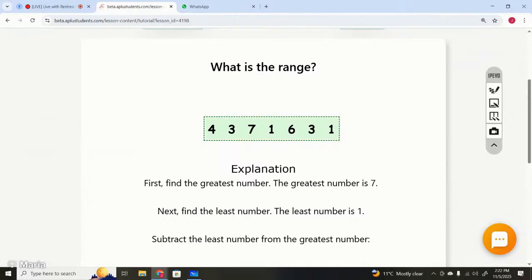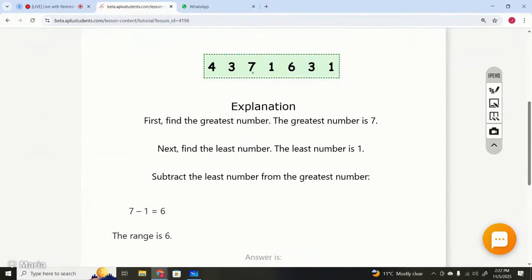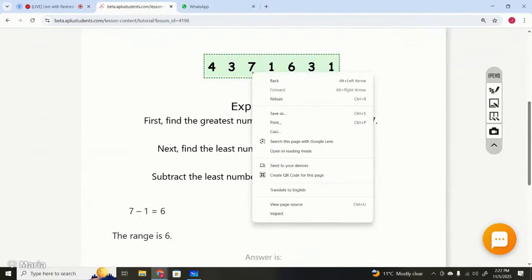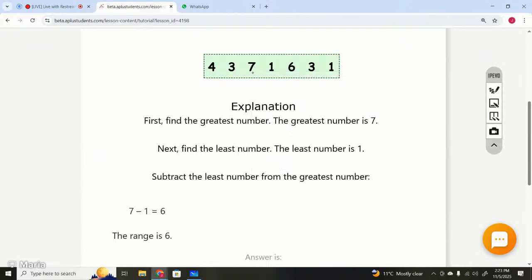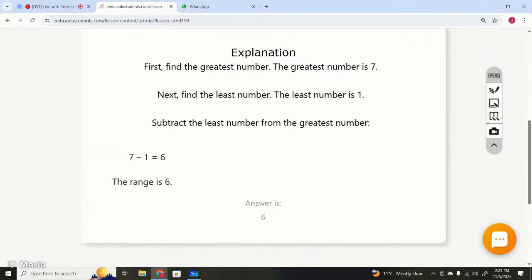Find the greatest number, right? The greatest number is 7. The greatest number in the given data is 7 and the smallest number in the given data is 1, right? So we have to subtract the smallest from the greatest number.